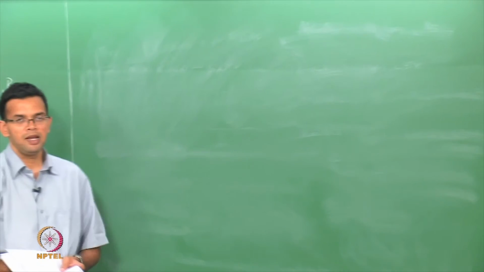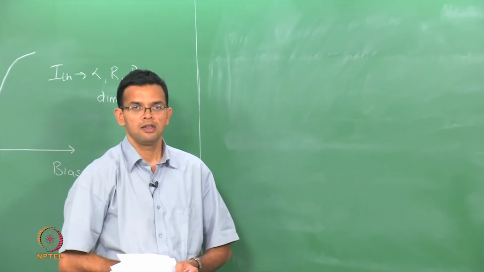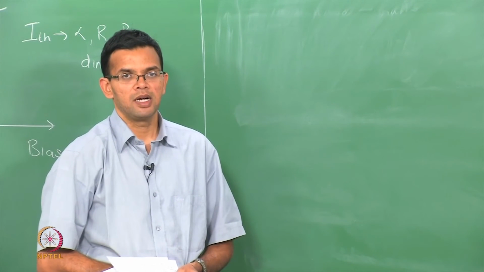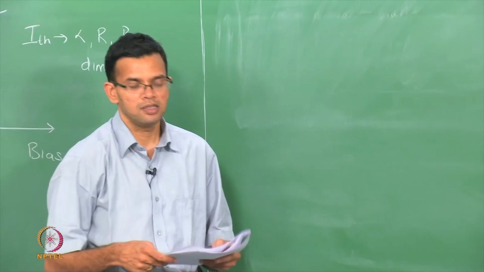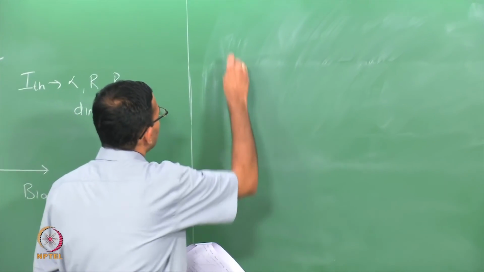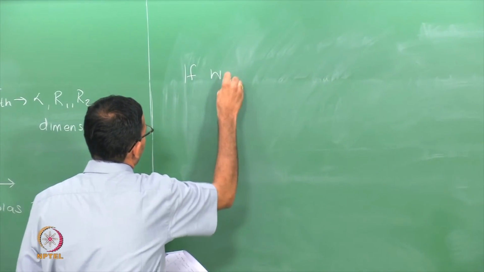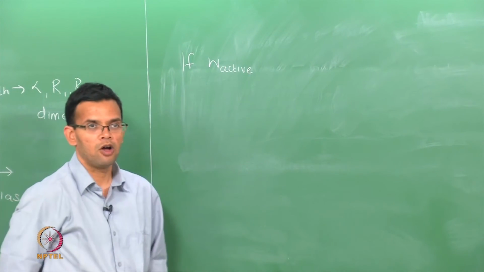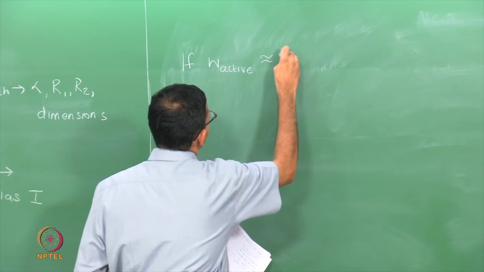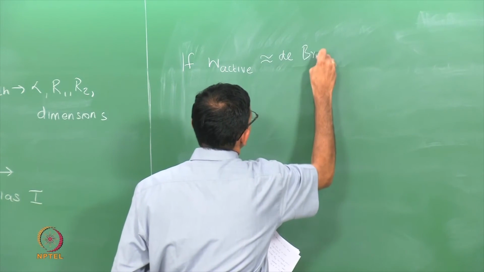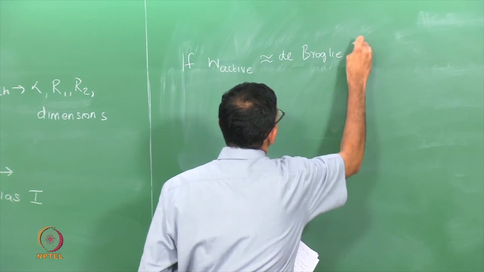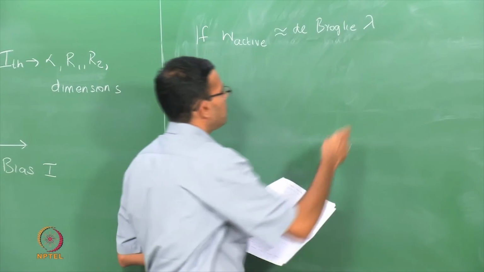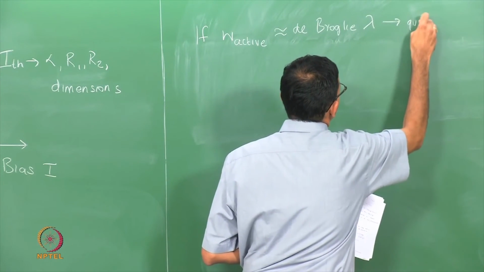In the case of a double heterostructure laser like the one we just saw with gallium arsenide and aluminum gallium arsenide, the active region is the gallium arsenide region. If the width of the active region is comparable to the de Broglie wavelength, in that particular case, you can get quantum confinement within the active region.